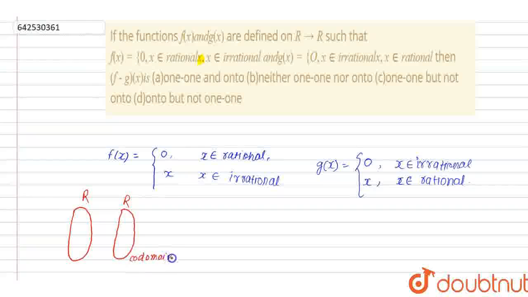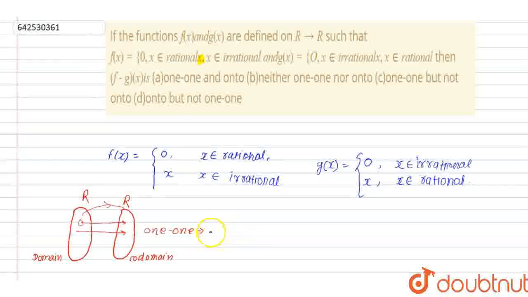When we say that a function is one-one, it means all the elements of the domain have a unique image, that is, one element has a unique image in the codomain. Then we can say that the function is one-one.